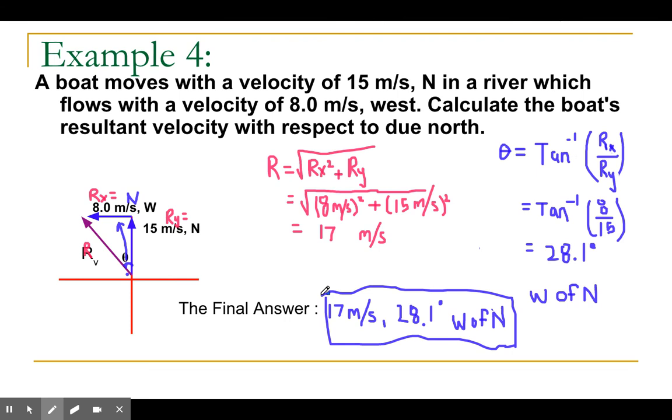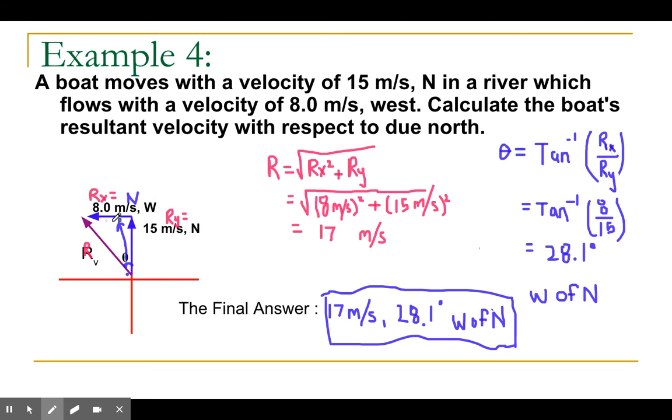Okay, so technically, the water is moving north, 15 meters per second. In the water, a boat is attempting to drive west at 8 meters per second. Because the water has its own current, the actual velocity and direction of the boat is 17 meters per second, 28 degrees west of north.